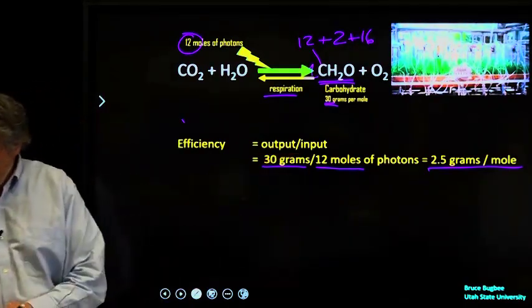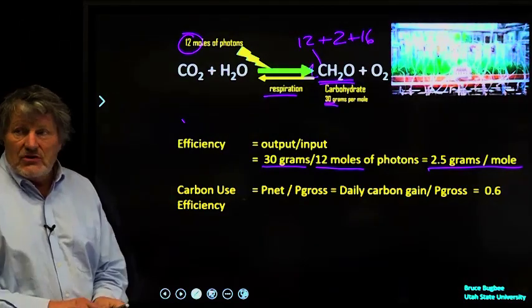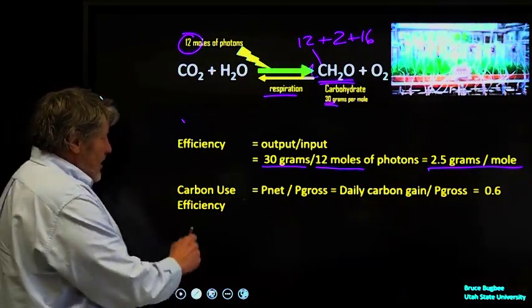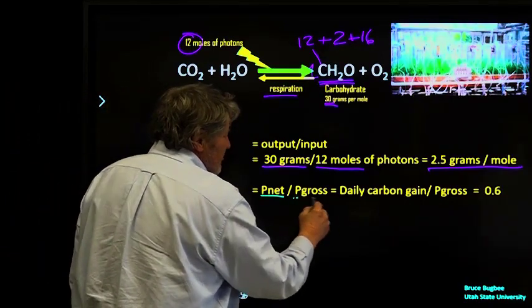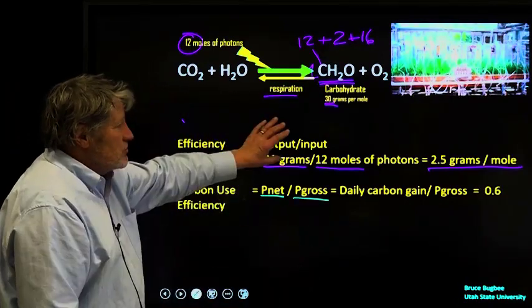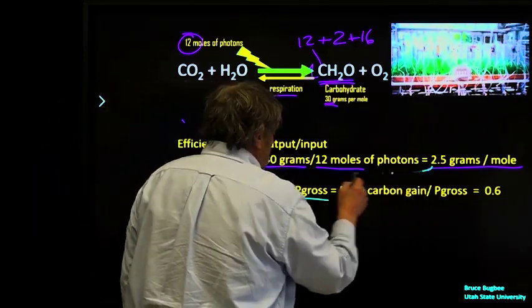whole carbon balance. The next step in this is called carbon use efficiency. And what this is, is net photosynthesis divided by gross. Now this part is gross photosynthesis, with 2.5 grams per mole.